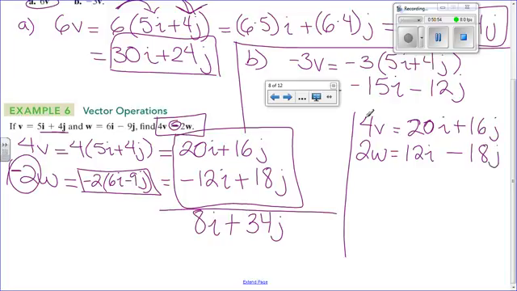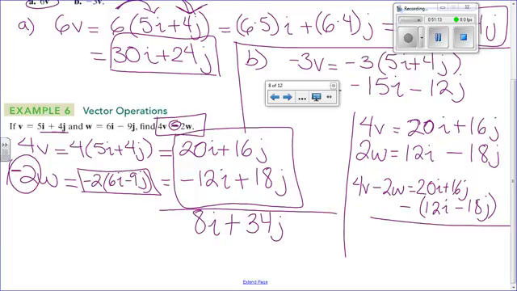And then I was going to do this. 4b minus 2w is equal to 20i plus 16j, and then minus that one. So then this was going to be negative, and this is going to be positive. So 20 minus 12, and then 16 plus, thank you, 34. So I will probably say that your method is better.